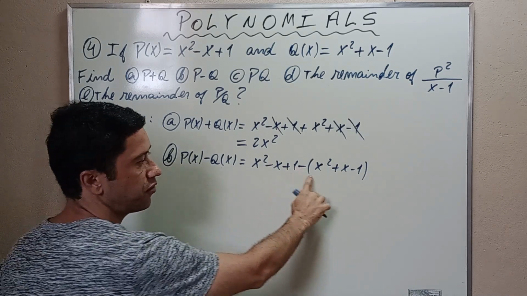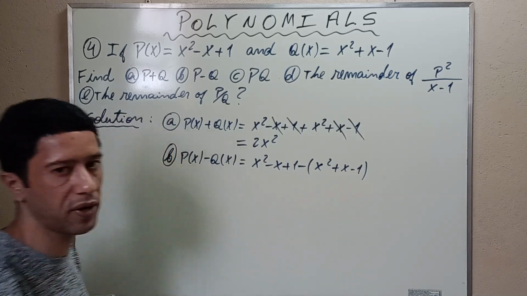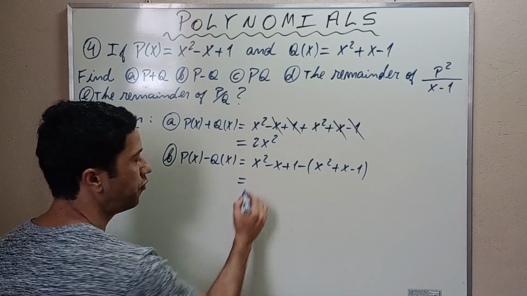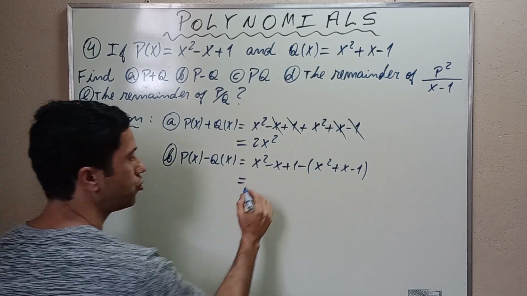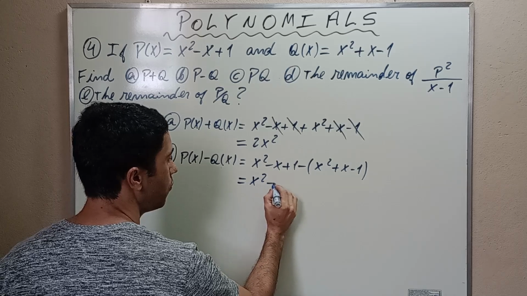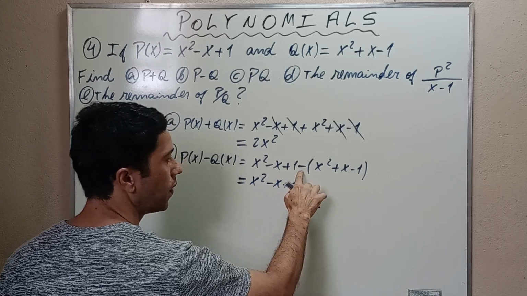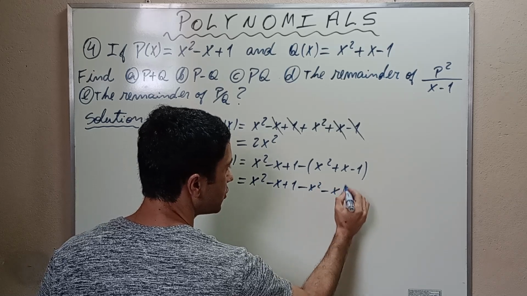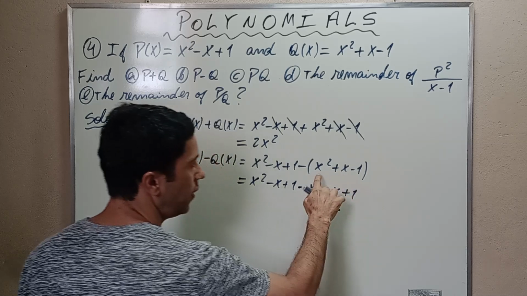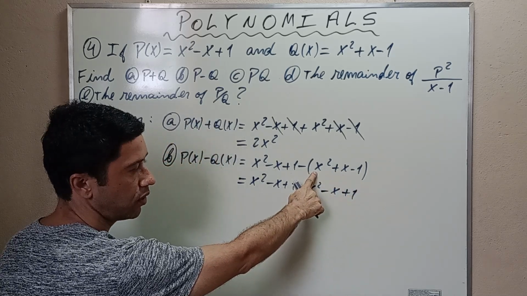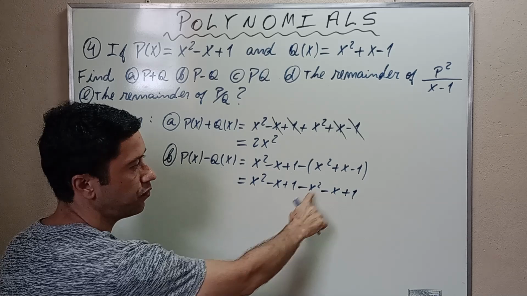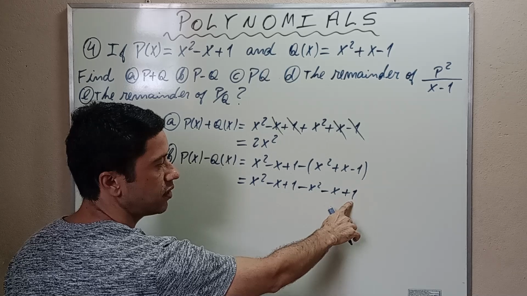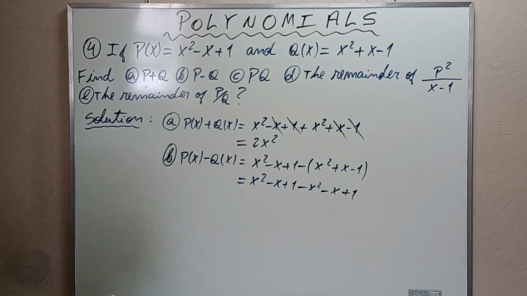It means that the signs inside of the parentheses will change. Therefore, it is equal to x squared minus x plus 1 minus x squared minus x plus 1, okay? This was positive, it became negative. This was positive, it became negative, and it was negative, and it became positive, okay?